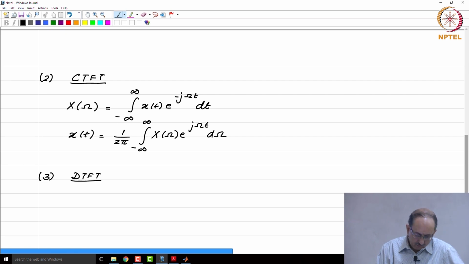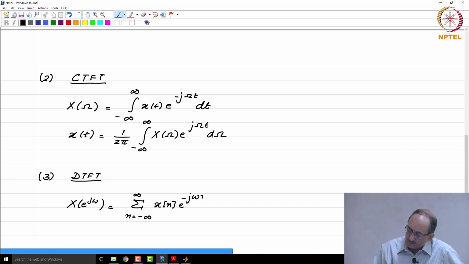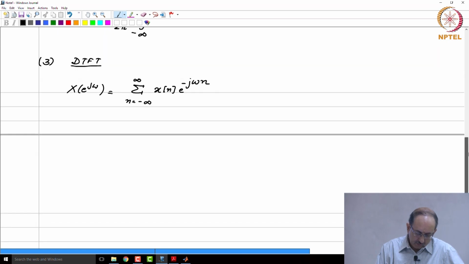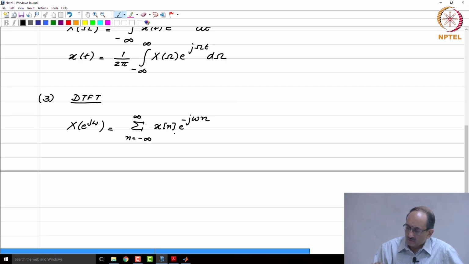The third Fourier representation that you had encountered was the discrete time Fourier transform. You are given a sequence x of n and the discrete time Fourier transform is X of e^{j omega}, which is x of n e^{-j omega n} summed up over all n from minus infinity to plus infinity.